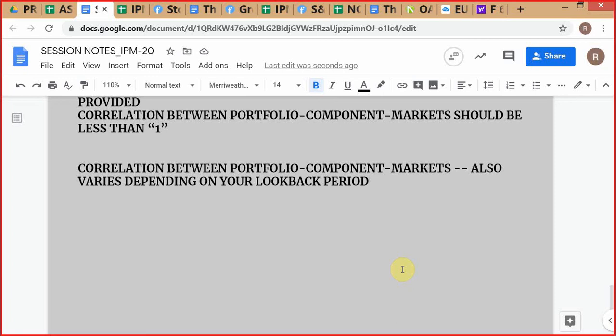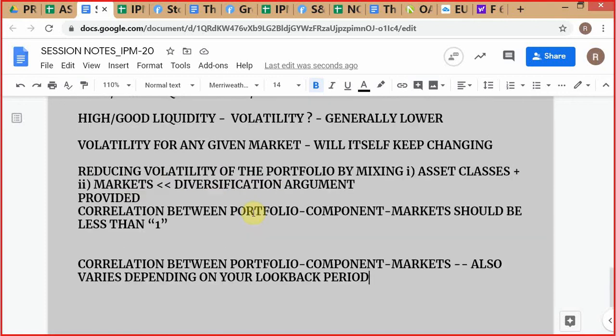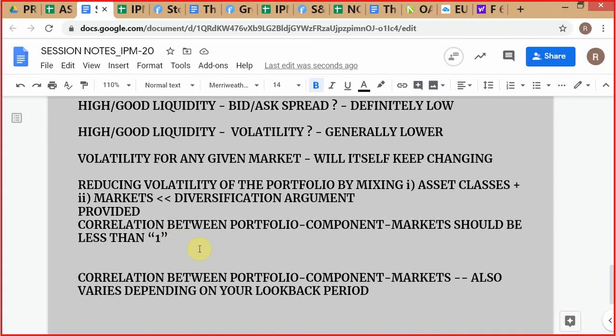Markets are the same, but because you changed your look back period, essentially you're changing the data set, the size of the data set, and the number is changing. Do you remember that? So similarly, if you look at the correlation matrix between 5 currencies, and you change the look back period, the correlation numbers will change.